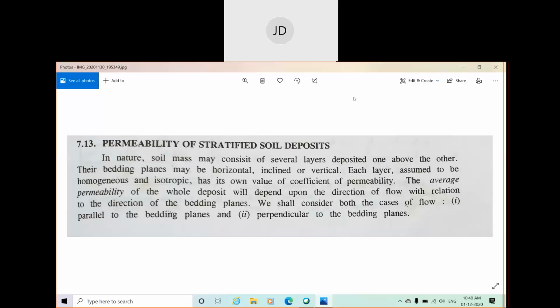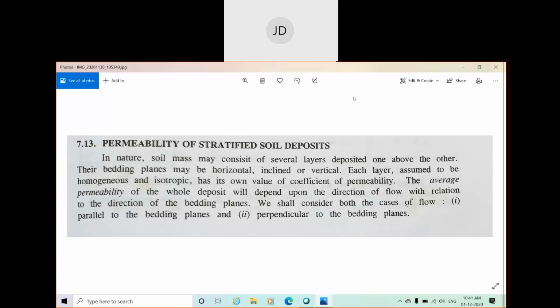The average permeability of the whole deposit will depend upon the direction of flow with relation to the direction of the bedding plane.